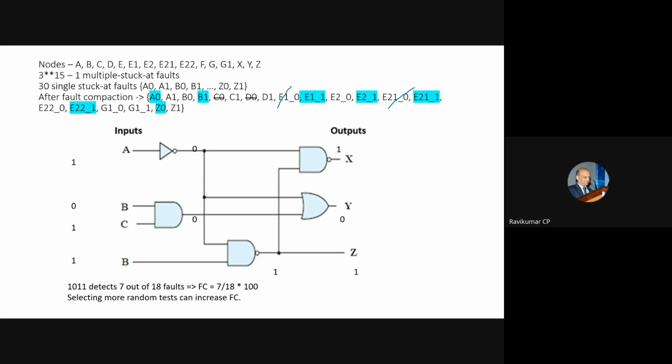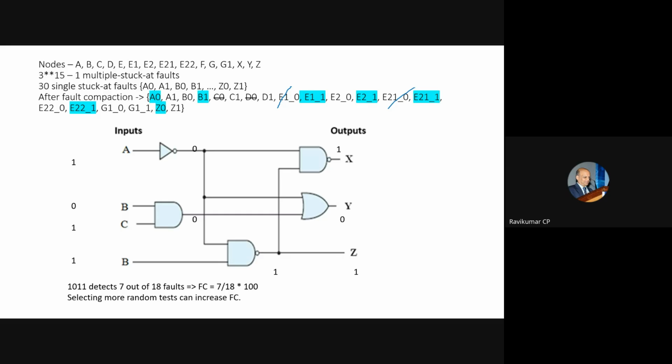So I have given many examples, I think, in the video of why a particular fault could be untestable. So suppose there are 18 faults here, right? If I pick 1011, I am able to catch 7 out of 18. Okay? But what if, let us say, two of these are untestable? In this example, I don't think that is the case.